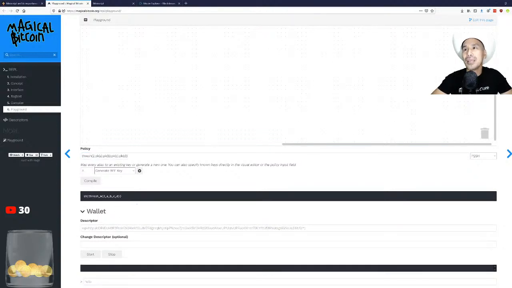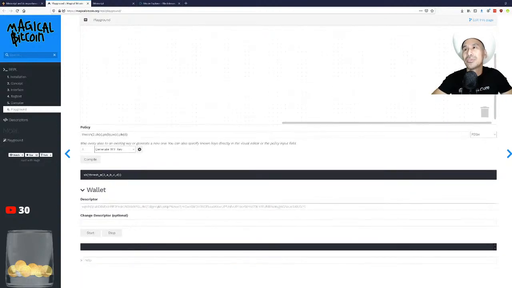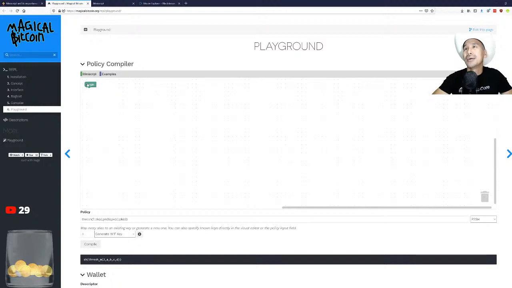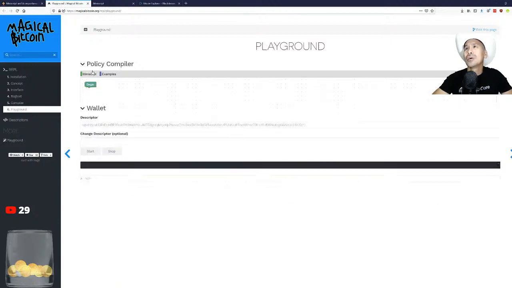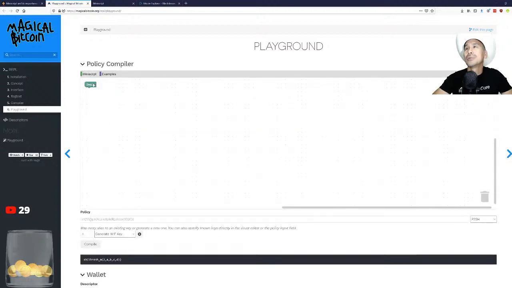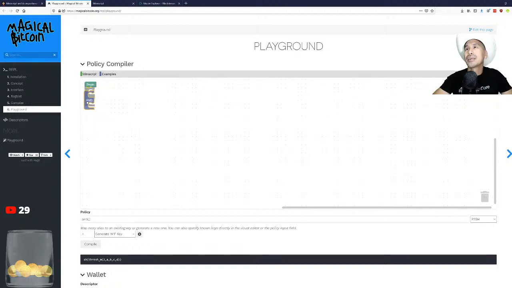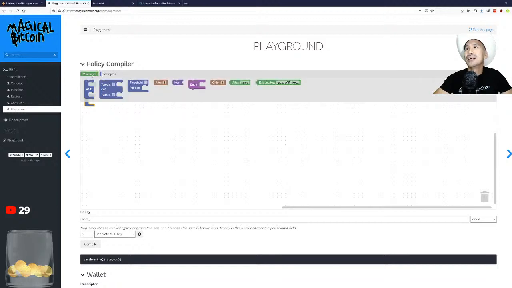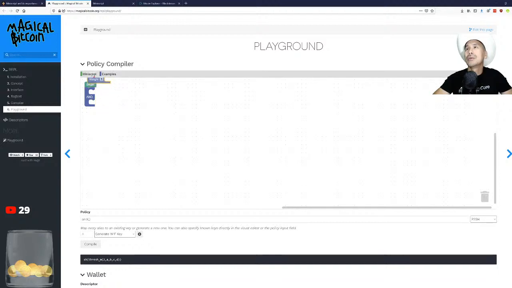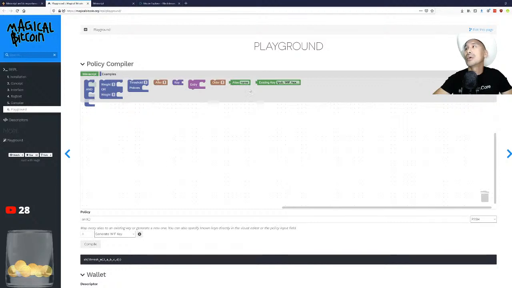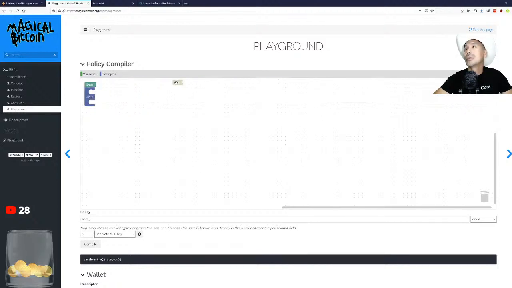So, and this is what it comes down to, and you can see the policy. I think there's a way to, oops. Yeah, there we go. And you can create a new one like this. Yeah, I don't think I want the or there. You can add this into here.